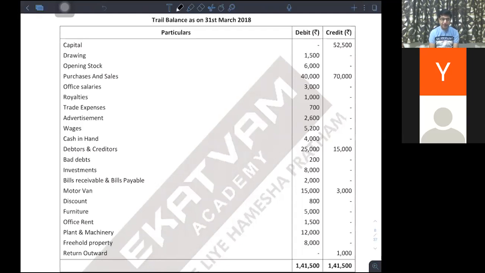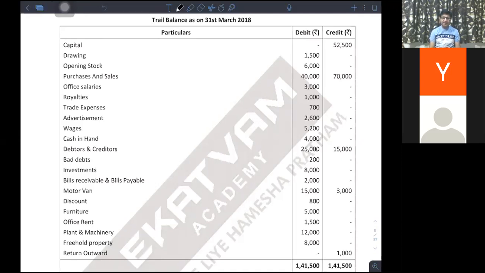Capital, drawings, opening stock, purchases and sales. Purchases and sales mean what? The debit, that is 40,000, represents purchases. Credit, that is 70,000, represents sales. Office salaries being an expense. Royalties.